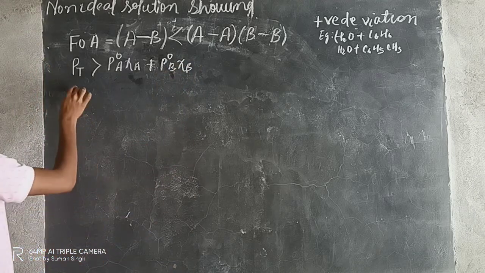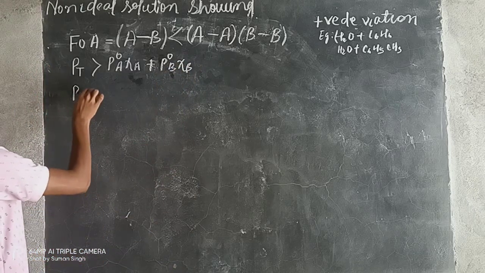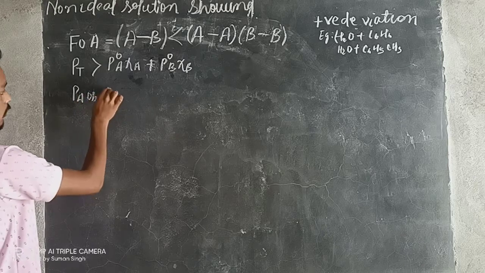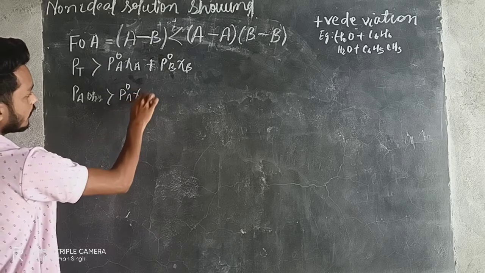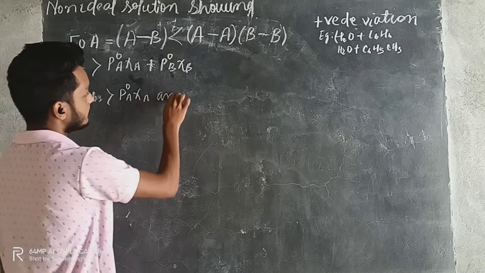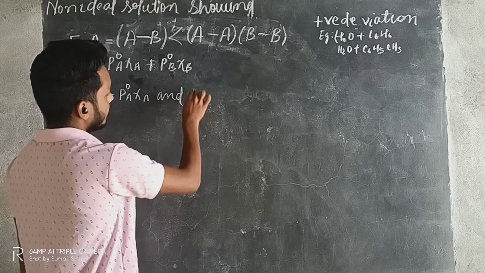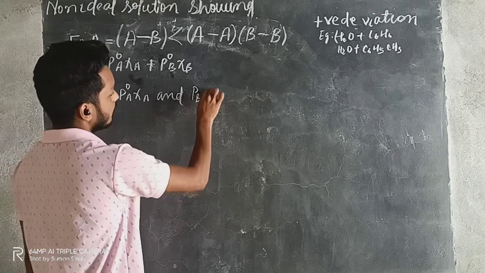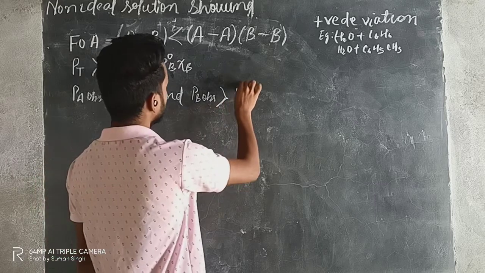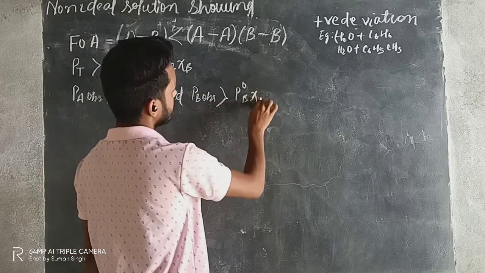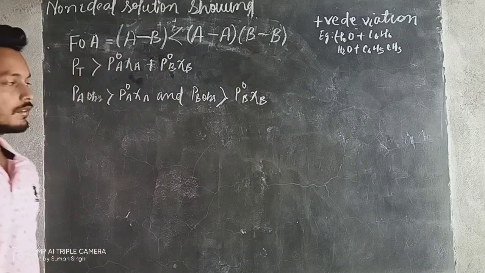So in the same case what we can say is that PA observed will also be greater than P naught A zeta A, and PB observed is also greater than P naught B zeta B. Understood?